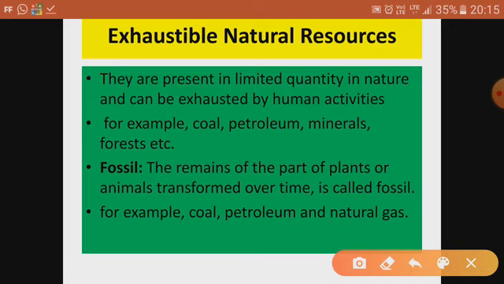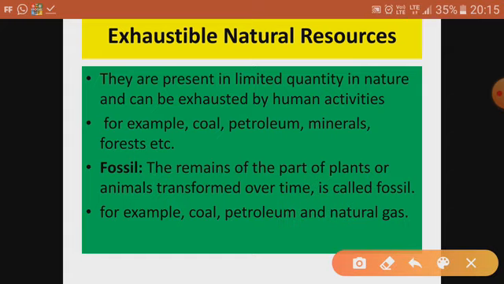Inexhaustible natural resources like air or sunlight are called alternate forms of energy and we should use them, so that the coming generations can also use the fossil fuels, because they are exhaustible natural resources.